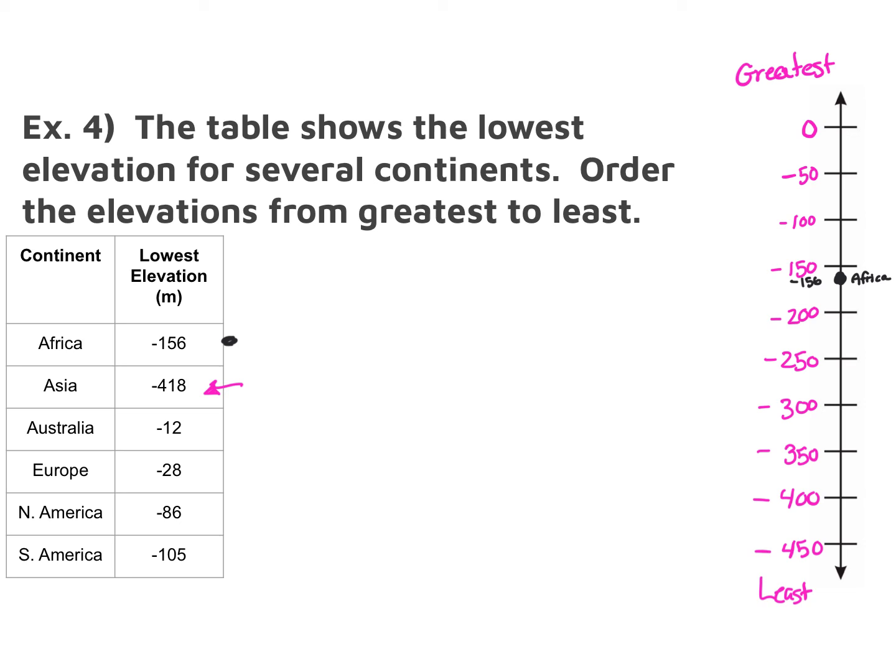Then Asia, since I already have pink pointing to it, we'll say pink is -418. And then I have a -12 for Australia, so that is pretty close to here. And then we have Europe at -28, so that's here.